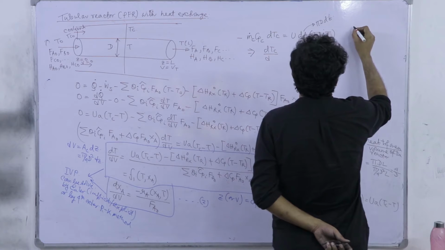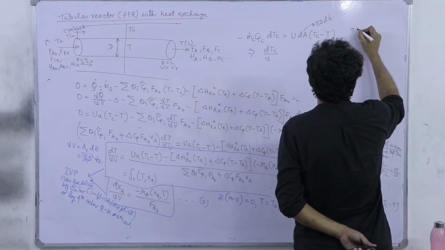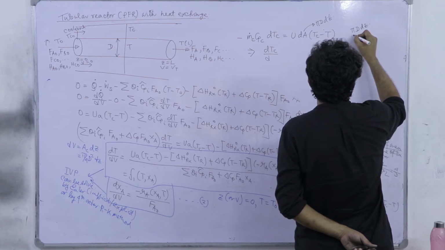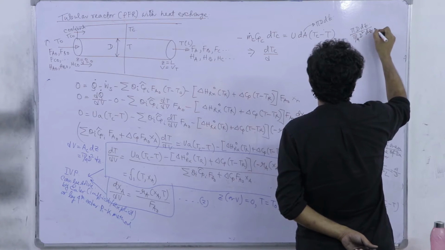So this is pi into d into dz divided by pi by 4 d square into dz.